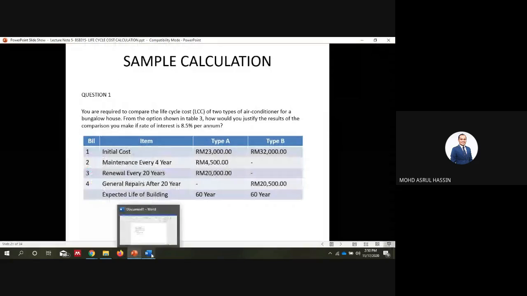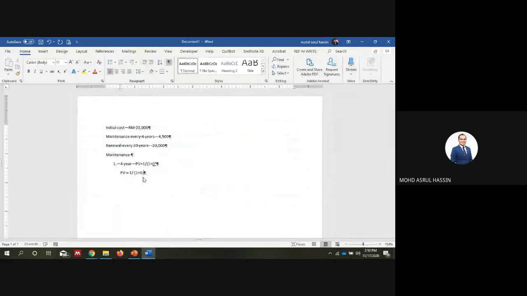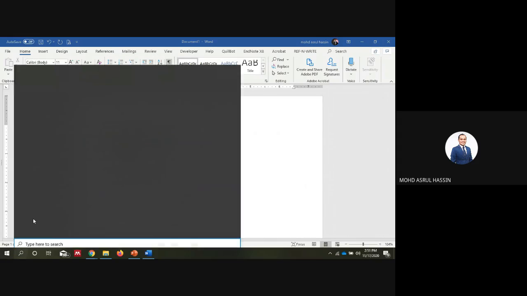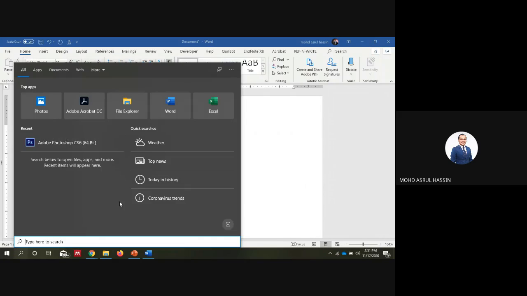Okay, so we use 0.085, power N. N is 4 years. Okay, so equal to, use calculator.